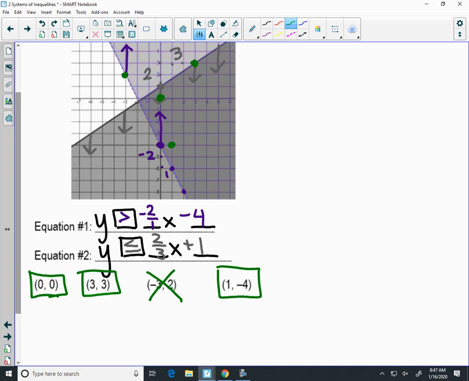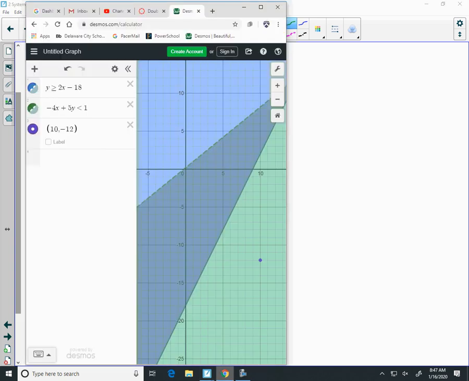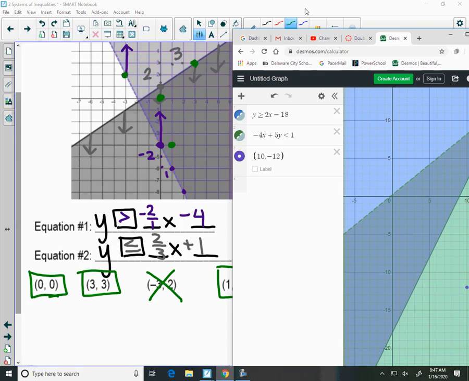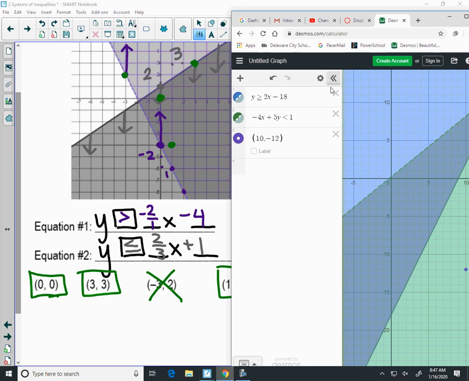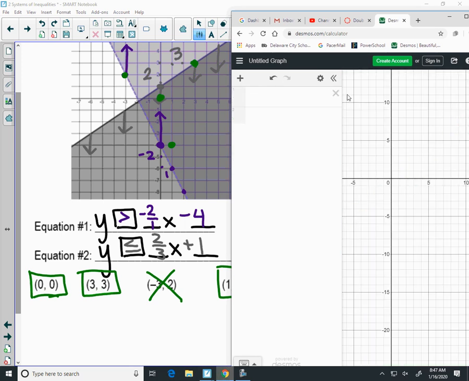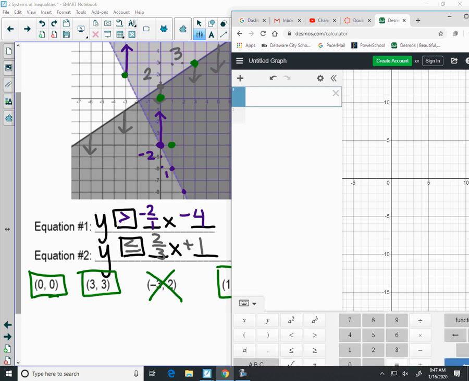Again, the way to check these is to put your equations into Desmos. It's really easy to leave out a negative or to have a sign or symbol flipped around. So it's really important on our tests, but I think even more so on the OST, to make sure you're checking your work.